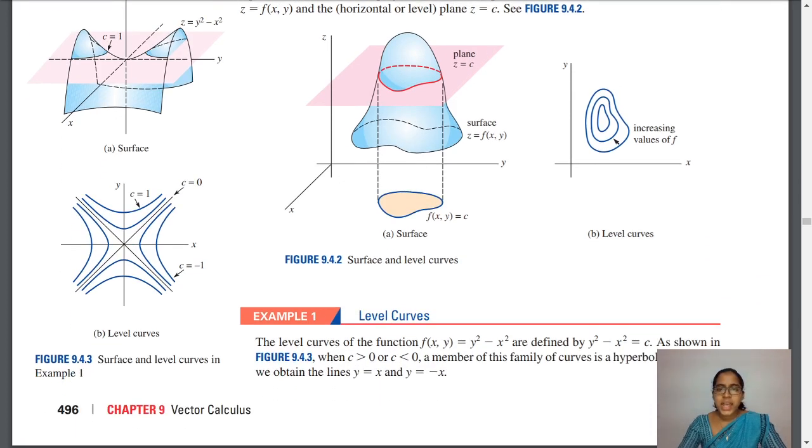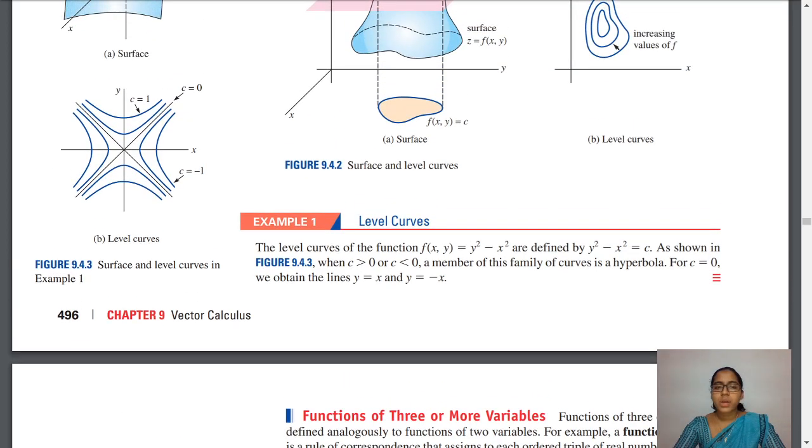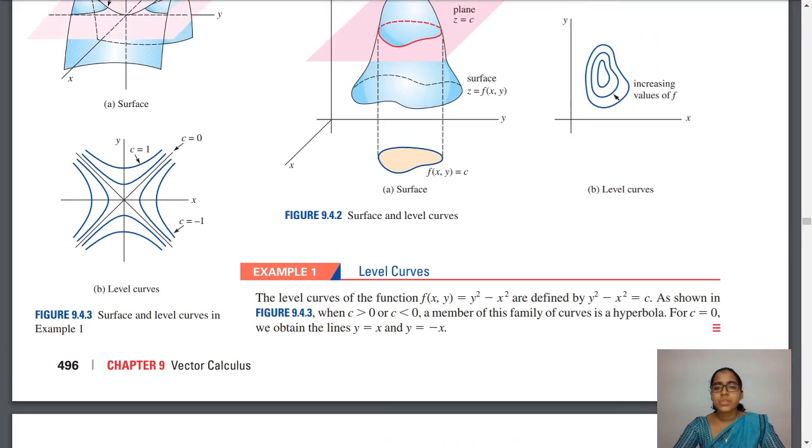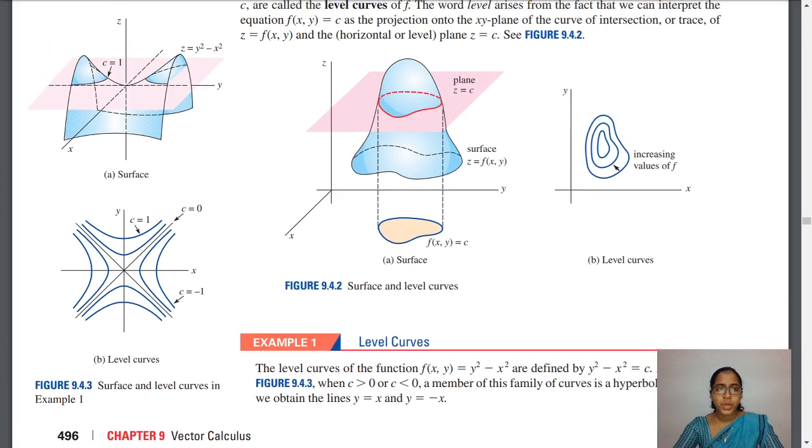So let us see an example. We are asked to find the level curves of the function y square minus x square. How can we find the level curve? We just have to set y square minus x square equal to c. This is the figure of y square minus x square, figure 9.4.3, and the corresponding level curves are depicted in B. When c is equal to 1, we get one set of level curves, and when c is minus 1, you get this portion.